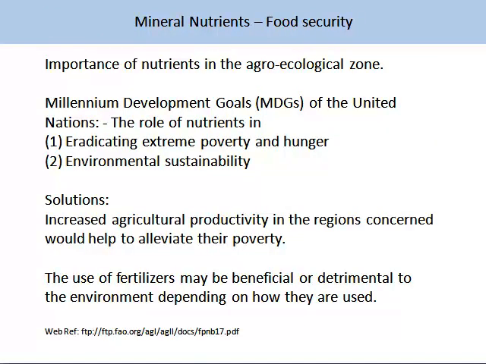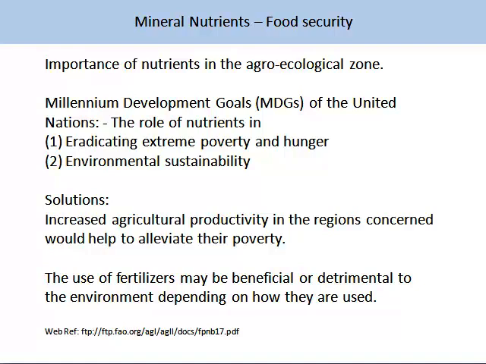The availability of mineral nutrients for agriculture is an issue of food security. It is important to understand how nutrients are in the agroecological zone. Millennium Goals developed from MDGs, which is an organisation in the United States, identifies the role of nutrients in stopping poverty and world hunger and in obtaining environmental sustainability.